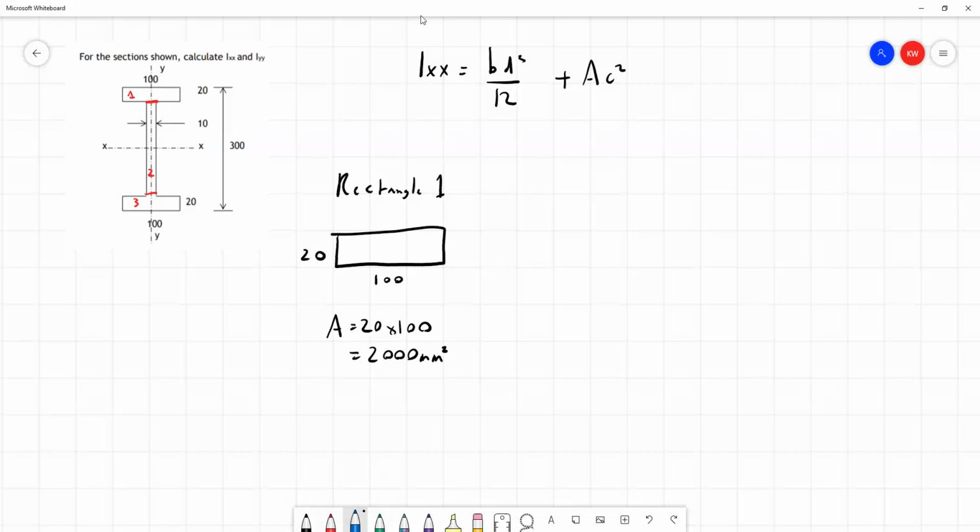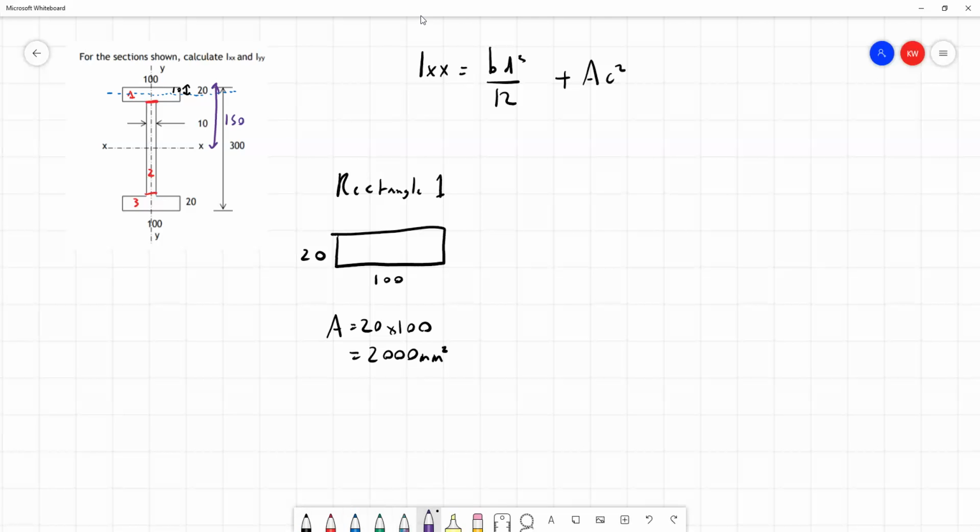The centroid for area 1 is going to run through the centre of it. If it has a depth of 20, then the gap between the top surface and centroid is going to be 10 millimeters there. I'll mark this in purple here: from X to the top of the beam is half of 300, that's 150.